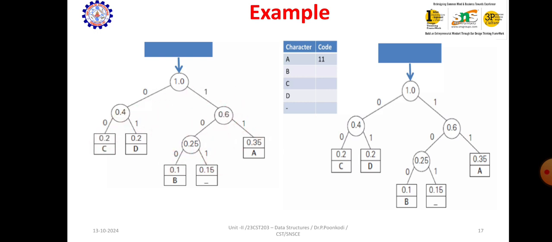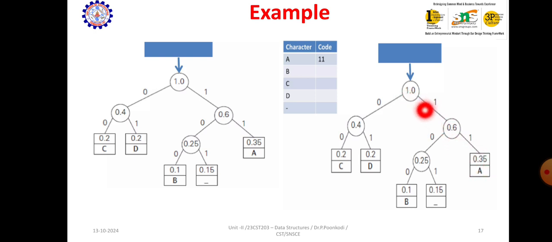Next, what do I have to do? I have to find out the code word. So now I want to reach A from this root. The root value is 1.0. A is placed over here.